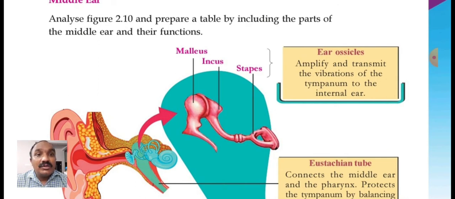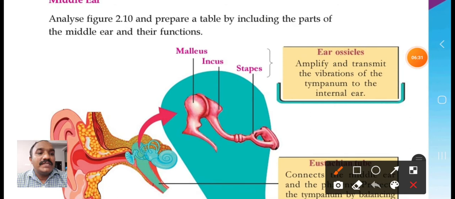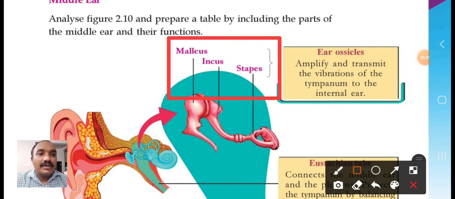They are malleus, incus and stapes. Once again, look at the screen, you can see the three bones. They are malleus, incus and stapes.